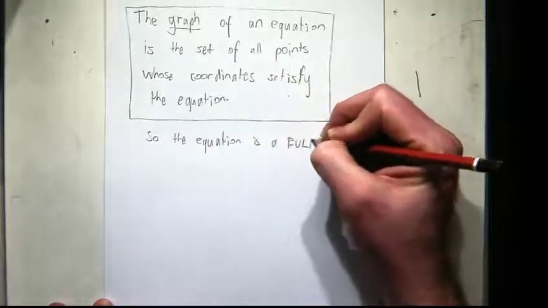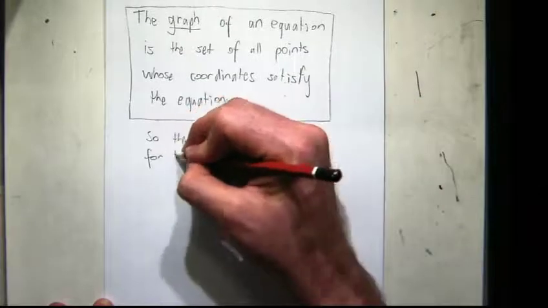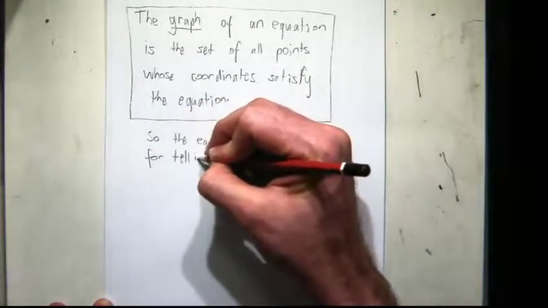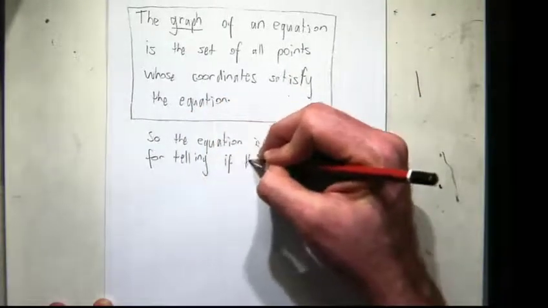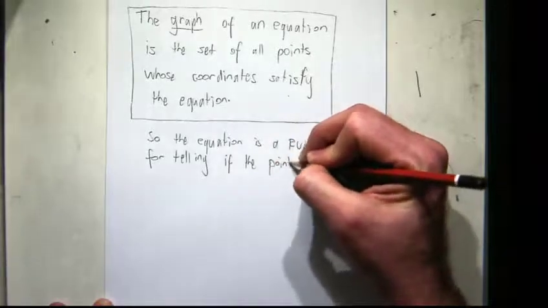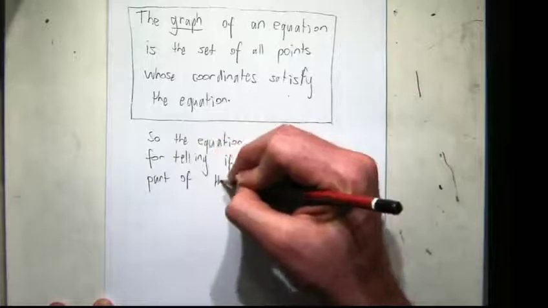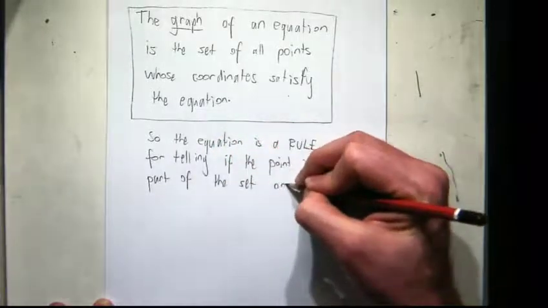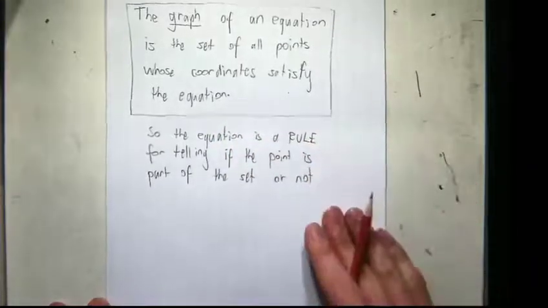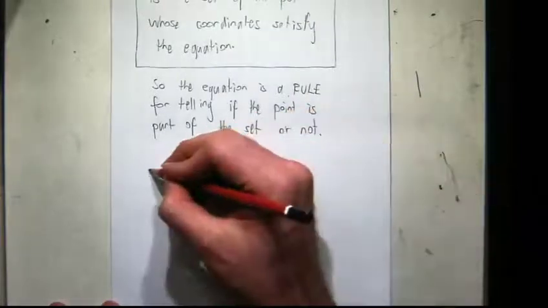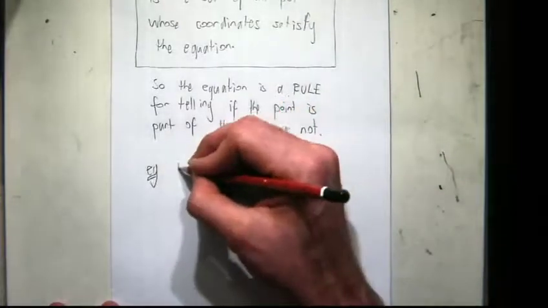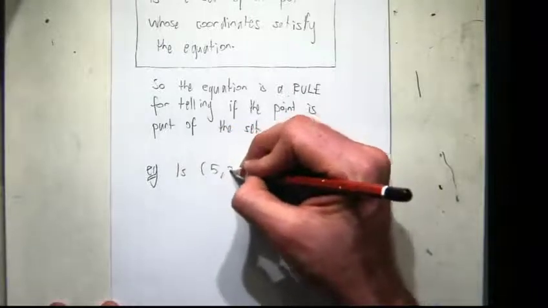The equation is a rule for telling whether a point is in or out of the set or not. So for example, here's the point (5, 2).